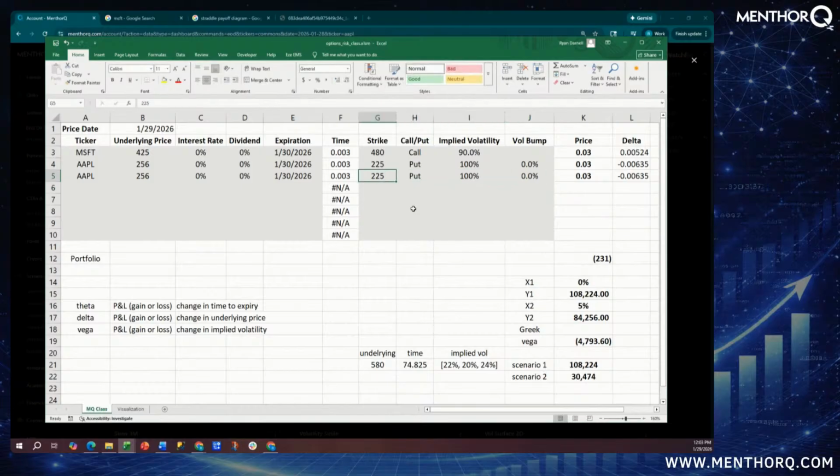So we could look at, say, 226 and 225. We'd have to do a little math here. So we'd have to take the difference in the two premiums and divide that by $1. So this over $1. The reason is because the difference in this put spread is $1. So if you buy the 226, 225 put spread, you're going to make $1. It only costs you a penny to do that.